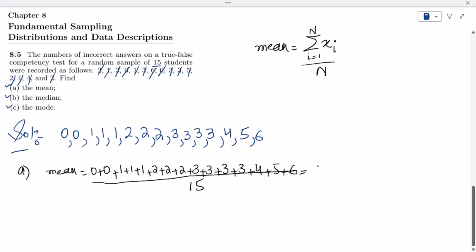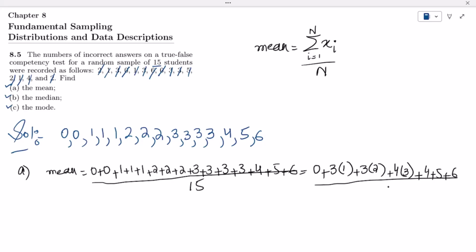So it will be 0 plus three ones plus three twos, and then plus four threes, then 4, then 5, then 6, divided by 15. Also here we have 0 plus 3 plus 6 plus 12 plus 4 plus 5 plus 6, all divided by 15.